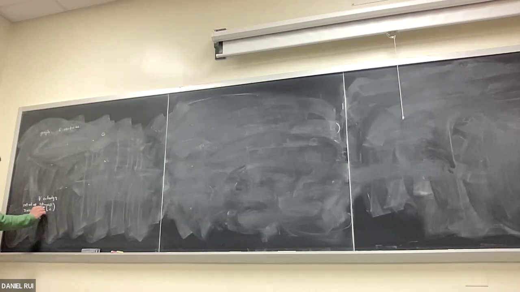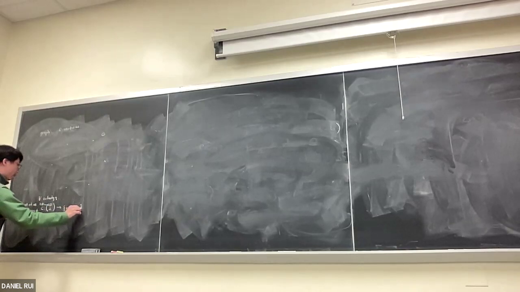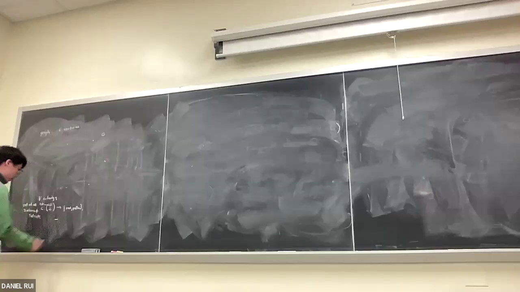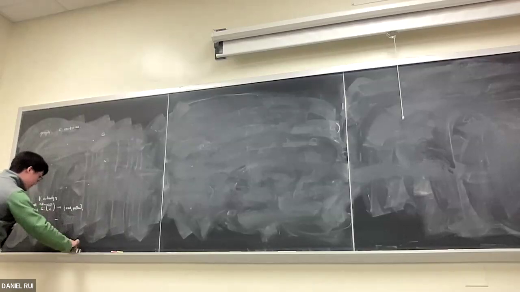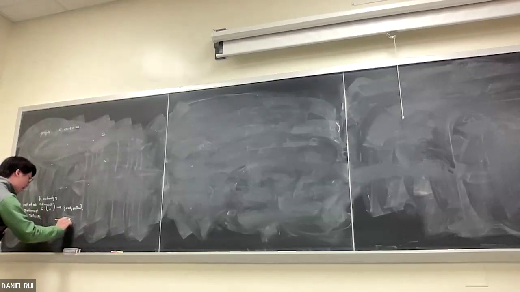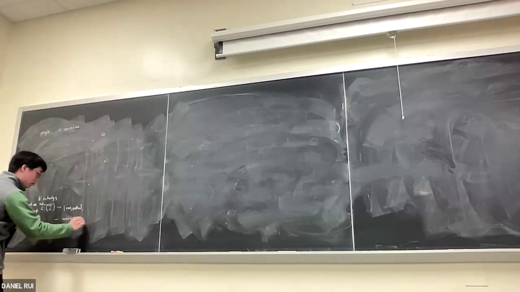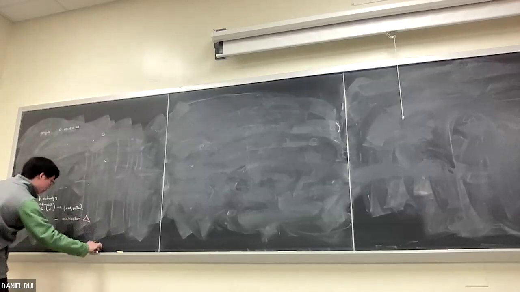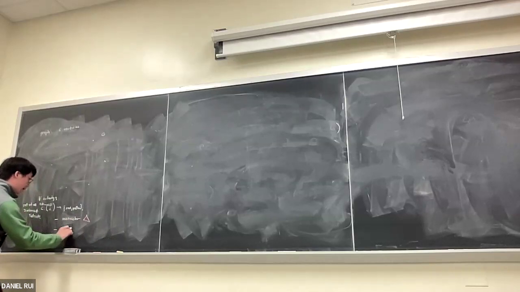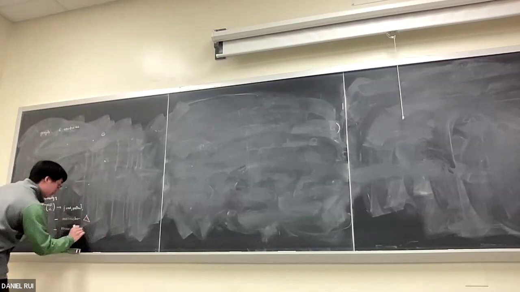So if I have a coloring from G choose 2 to {red, yellow}, then I can always find that either there will exist 3 vertices, a monochromatic red triangle, or a monochromatic yellow triangle.